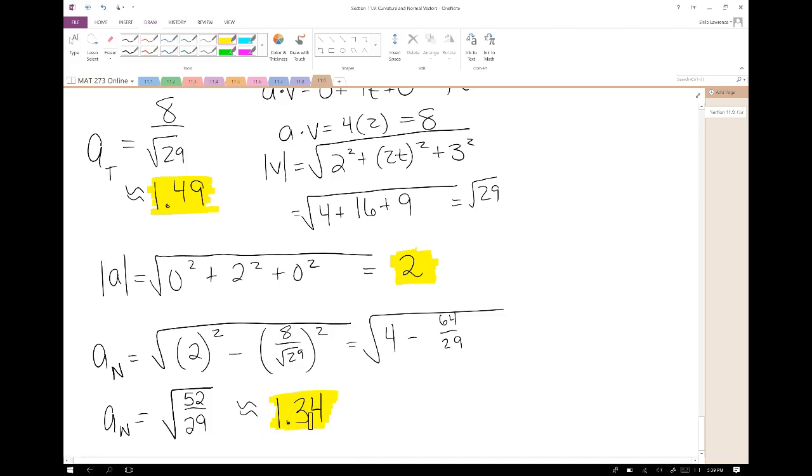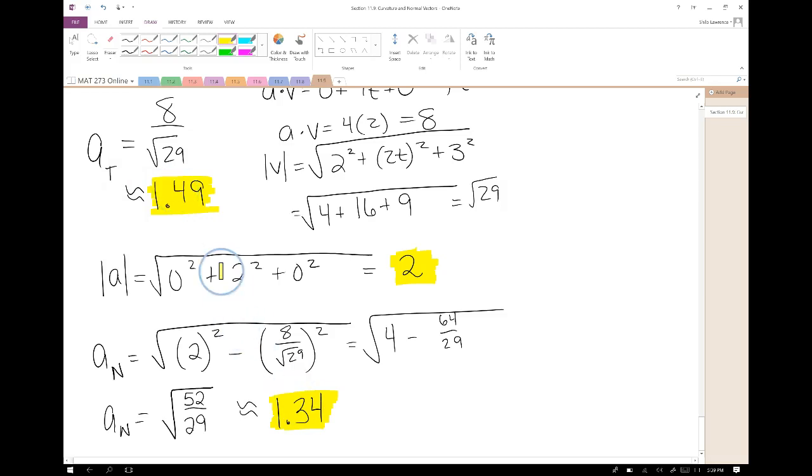So just as much acceleration is going towards changing our speed as changing our direction. So most likely at t equals 2, we are in a curve, because we have quite a bit of that magnitude of 2 going towards changing direction, but we're also either accelerating or decelerating, because quite a bit is also going towards our tangential component, which measures the change in speed.